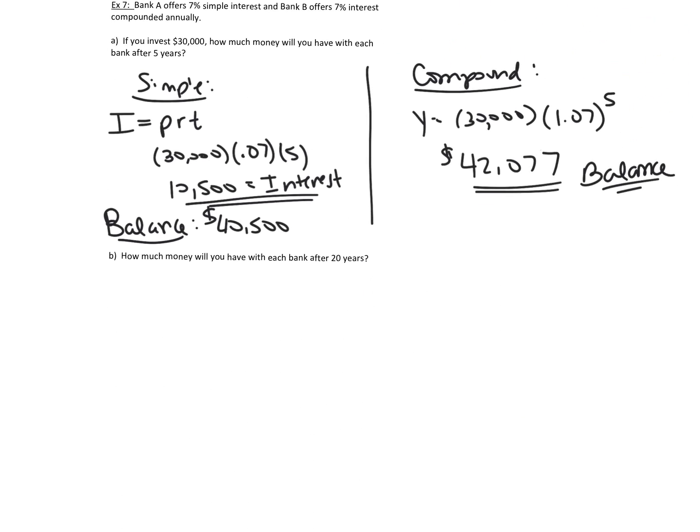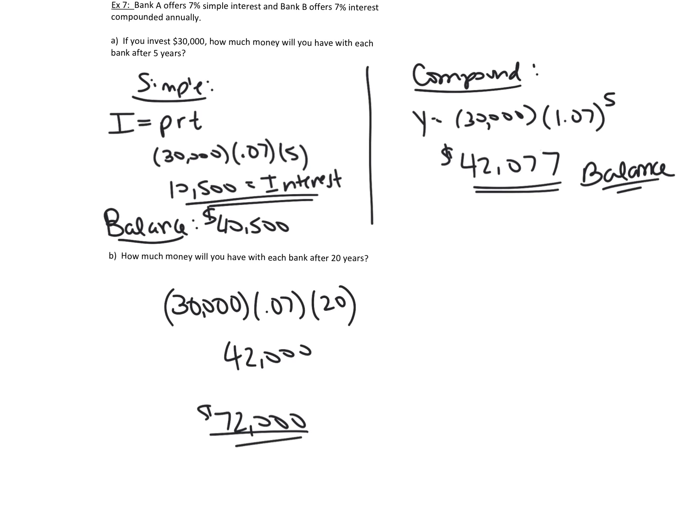So in part B, how much money will you have in each bank after 20 years? So if I did this for 20 years, in the simple interest situation, I have 30,000 times 0.07 times 20, which is 42,000, right? And then added on to my original investment is going to be 72,000.